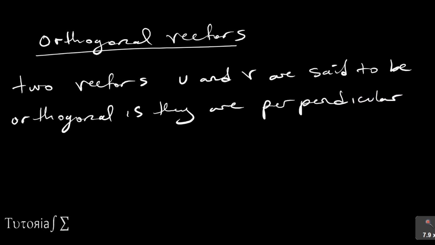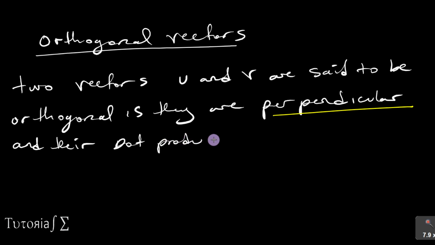So they have to be perpendicular, number one. Number two, their dot product, so I hope you remember how to find the inner dot product, their dot product u comma v is equal to 0.